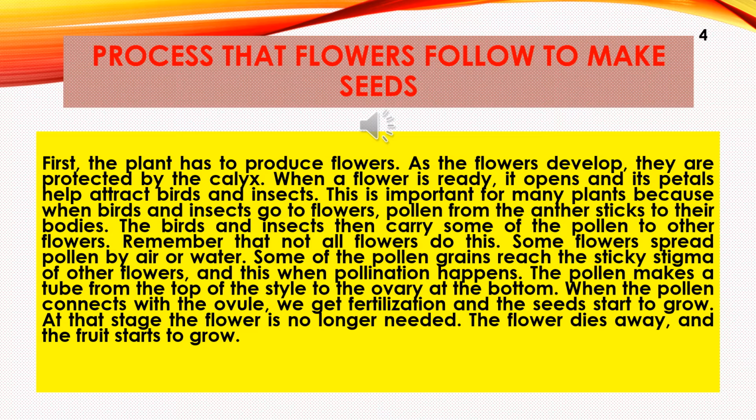Listen. First, the plant has to produce flowers. As the flower develops, it is protected by the calyx. When a flower is ready, it opens, and its petals help attract birds and insects. This is important for many plants because when birds and insects go to flowers, pollen from the anthers sticks to their bodies.